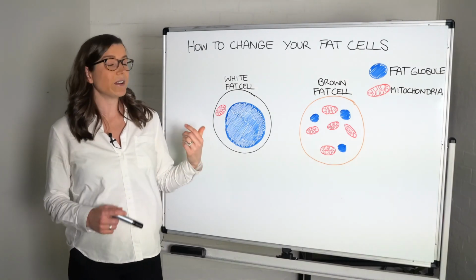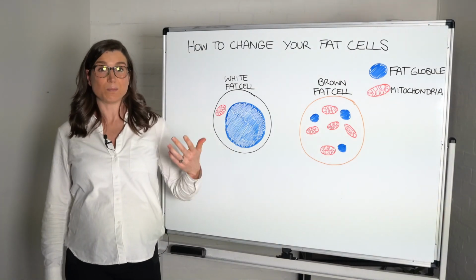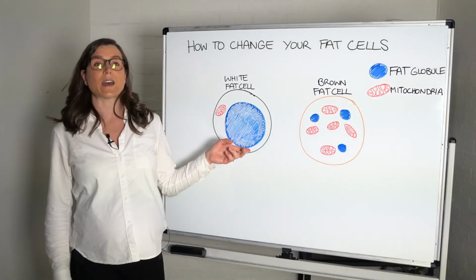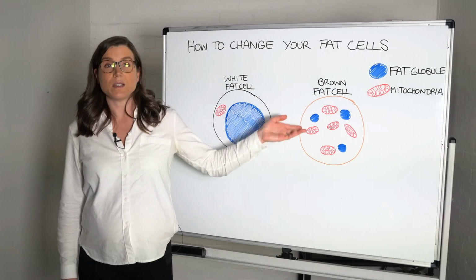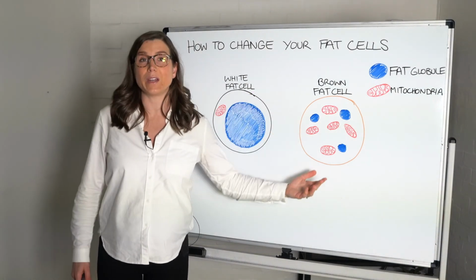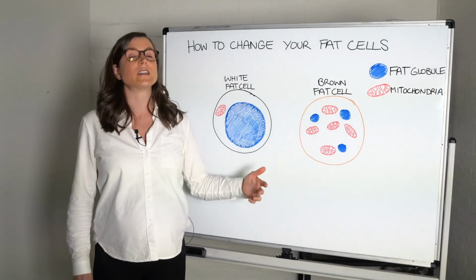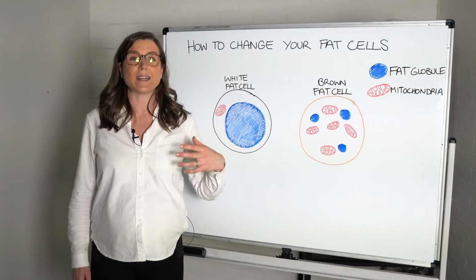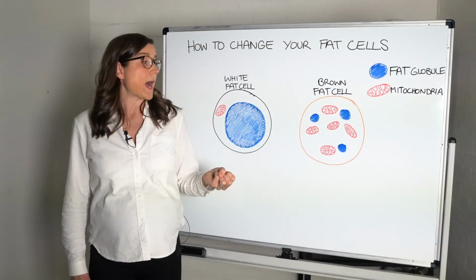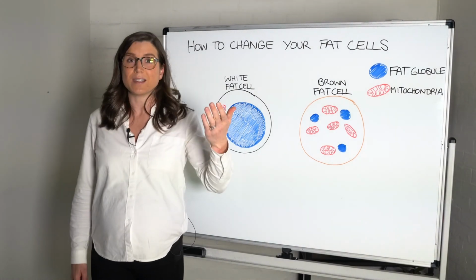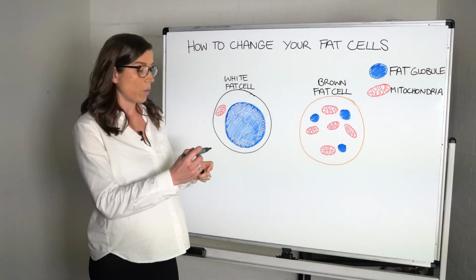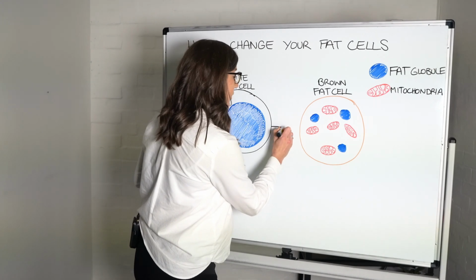So there are actually multiple ways to make these white fat cells more like these brown fat cells, so that they are burning more energy, more fat, and more glucose, and they're sucking more of that glucose up out of the blood so that your blood sugars don't stay too high or they come down.